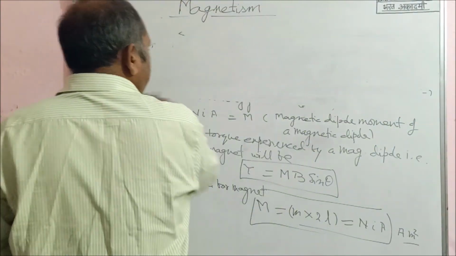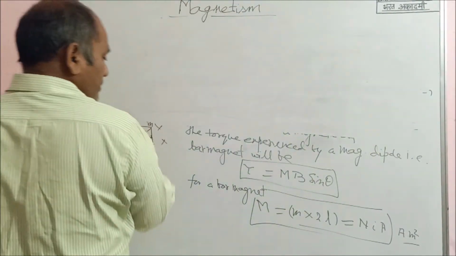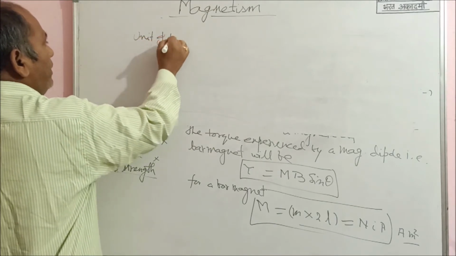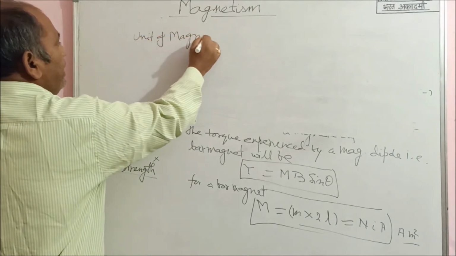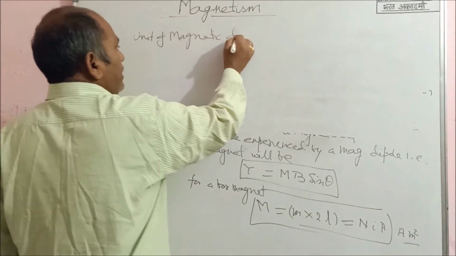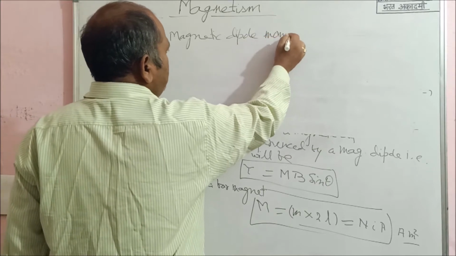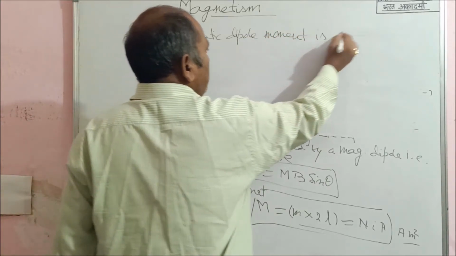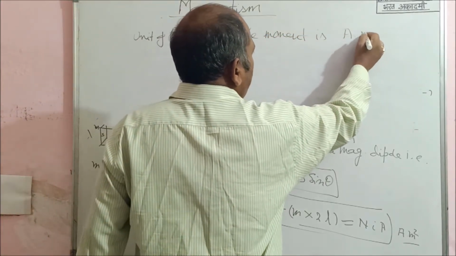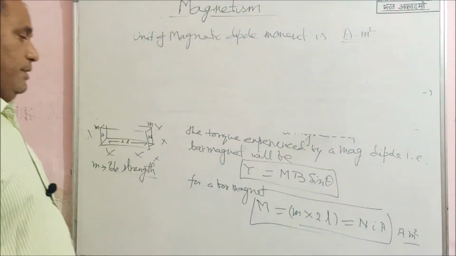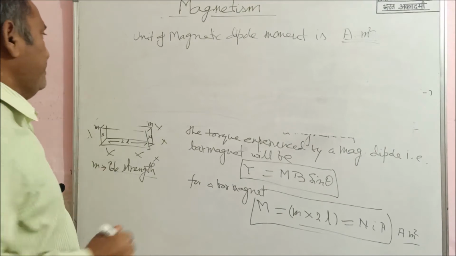So the unit of magnetic dipole moment is, remember, ampere into meter square, I into A, right? What will be the unit of m?